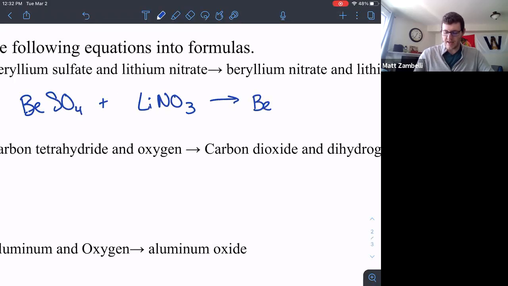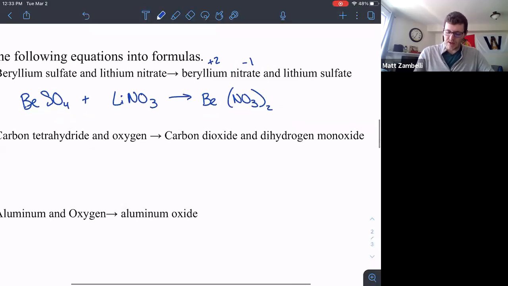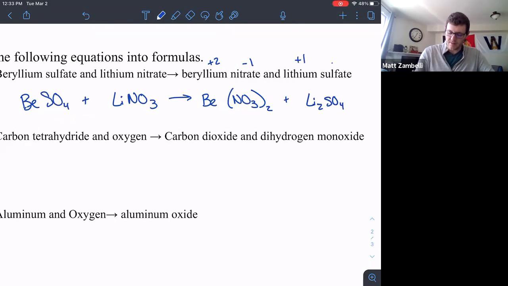This one is going to be Be(NO3)2, because beryllium has a +2 charge and nitrate has a -1 charge. Yes, we do have to worry about those charges. And then the last one should be lithium sulfate, Li2SO4, because we have a +1 and a -2 charge this time.